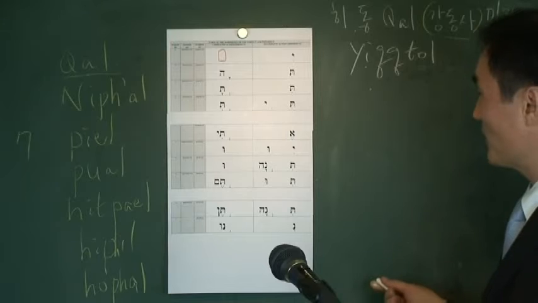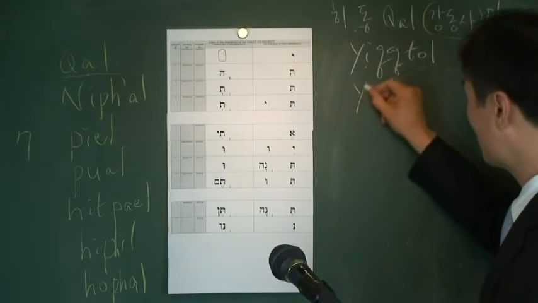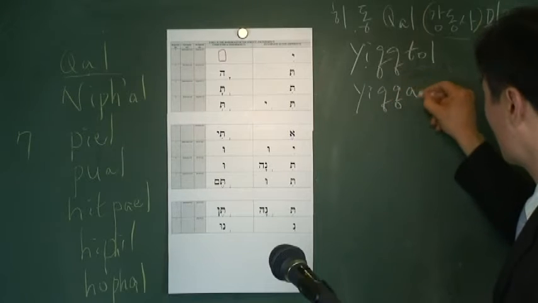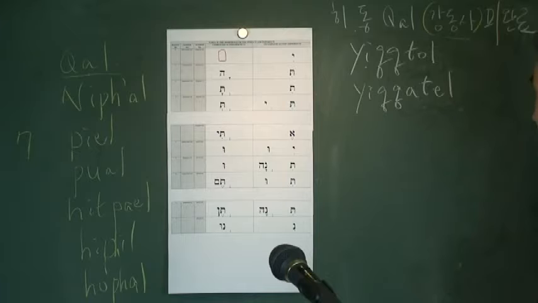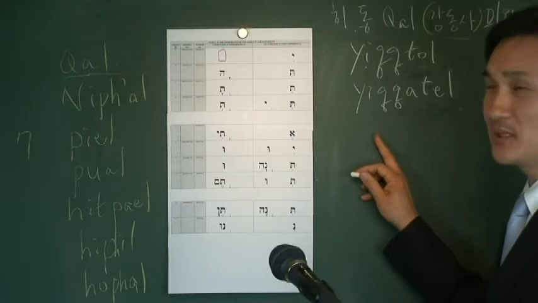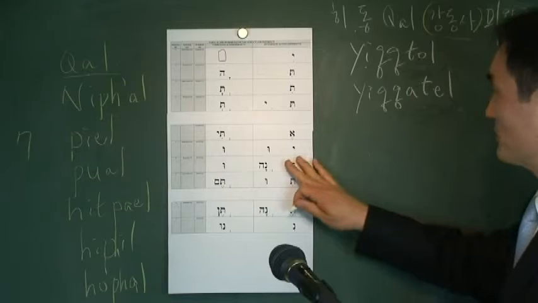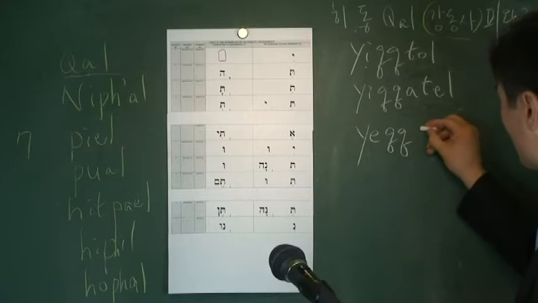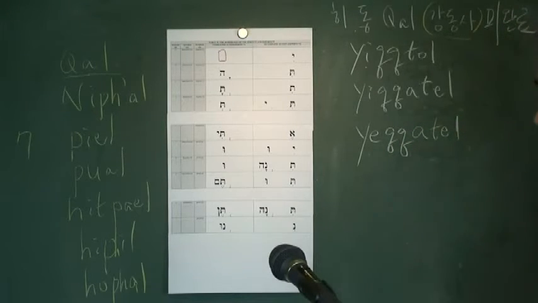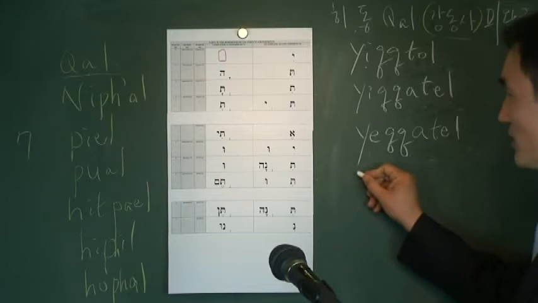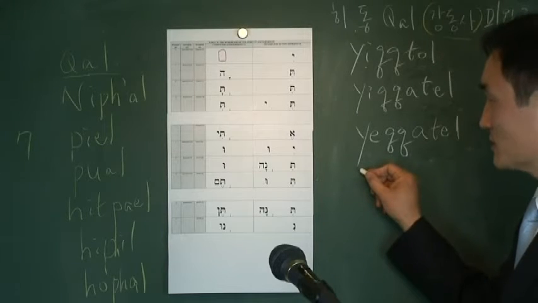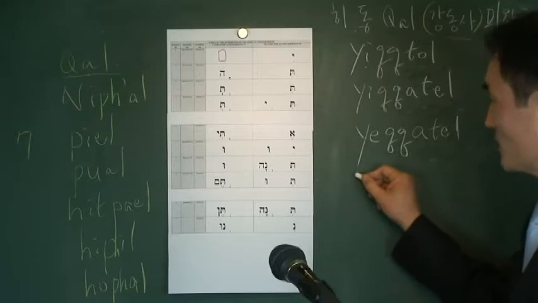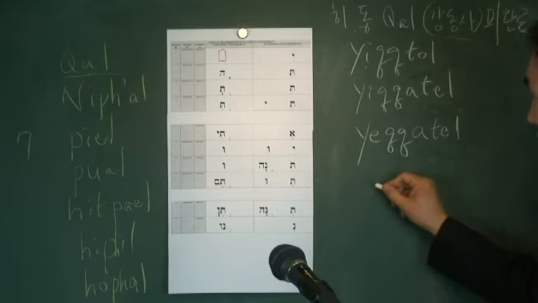The imperfect form of the nifal verb is yikatel. The imperfect form of the piel is yekatel. The imperfect form of the pual verb is yekutal.